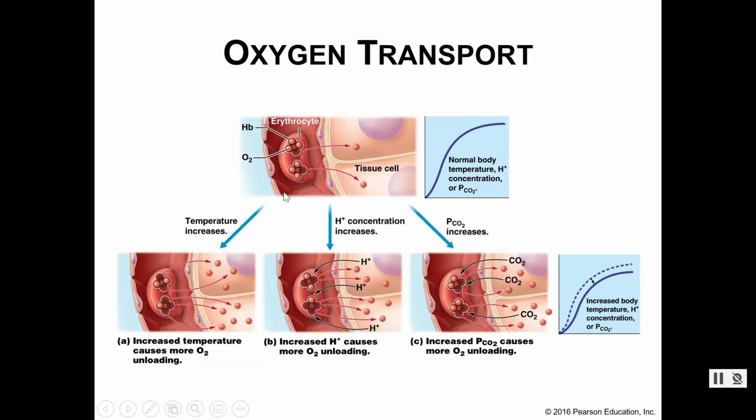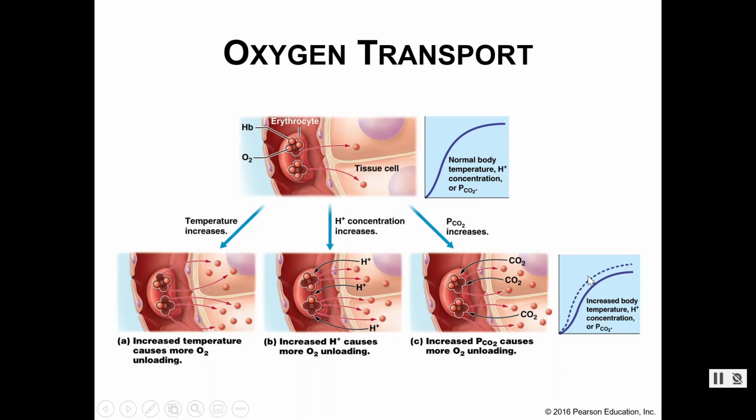And you can see that here. Temperature increase causes unloading. You're going to take the oxygen, put it in the tissues. Increased acid concentrations, or increased carbon dioxide concentrations, all of those are going to favor unloading. You can see how that shifts the curve.